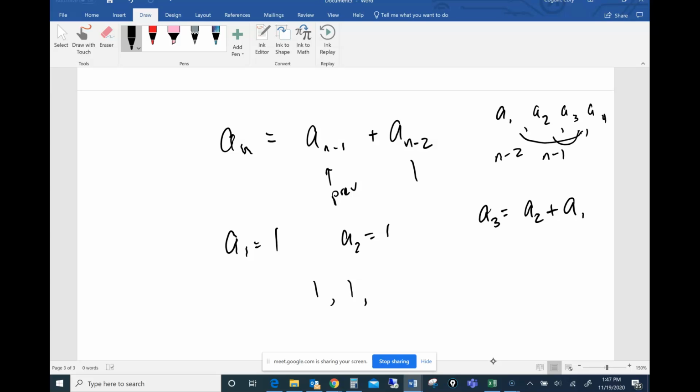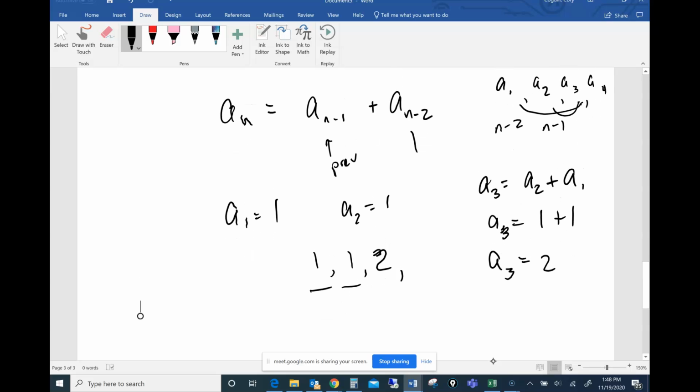So that would be the first position. So let's add the second and the first one to give us the third one. So that's 1 and that's 1. So the third number is just a 2. In other words, take these two numbers, add them together, and you get the next number. So that is easy. We can actually find the fourth term fairly easy.